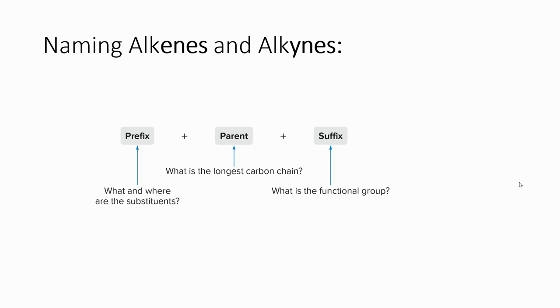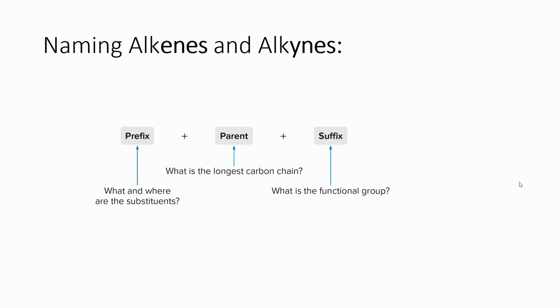Okay, all right, so this is our naming. So we've seen this before. We use the prefix to tell us what substituents we have on the longest chain and where they are. The parent tells us where the longest chain is, and the suffix tells us the group. So we've been using ane as the suffix because we just have boring carbons, no double bonds, no triple bonds.